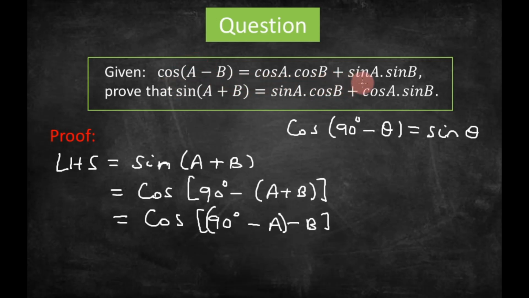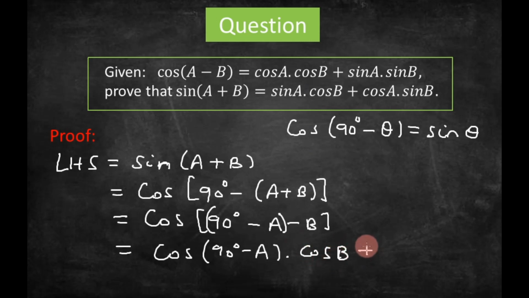So we're going to apply this expansion, but wherever we have an a, we're going to put in 90 degrees minus a. So it's going to be the cos of a, but now we write 90 degrees minus a, times the cos of b, then plus the sine of a, but once again we're going to write the sine of 90 degrees minus a, then times the sine of b.